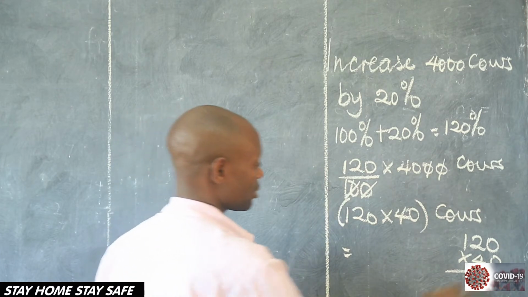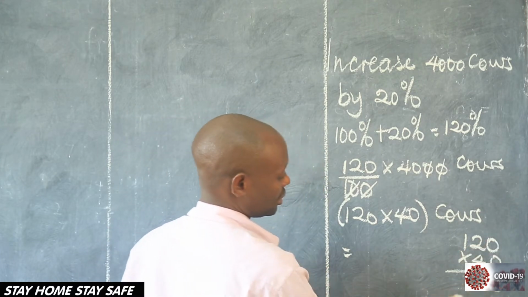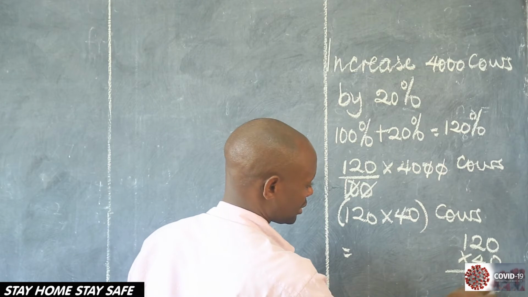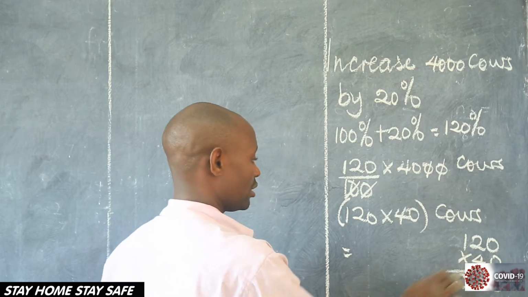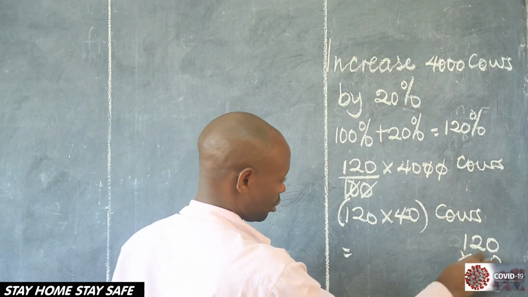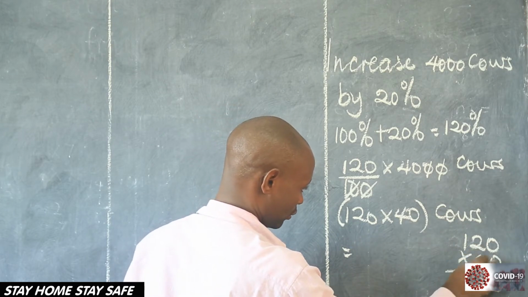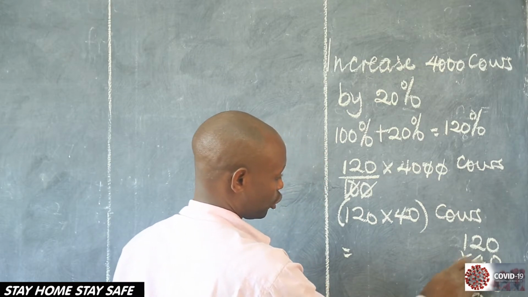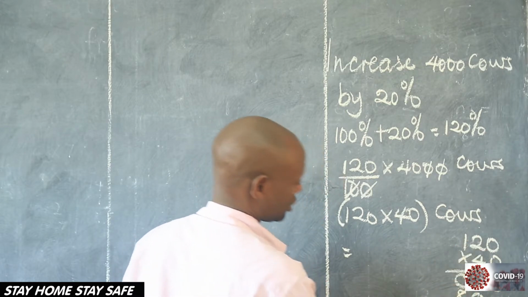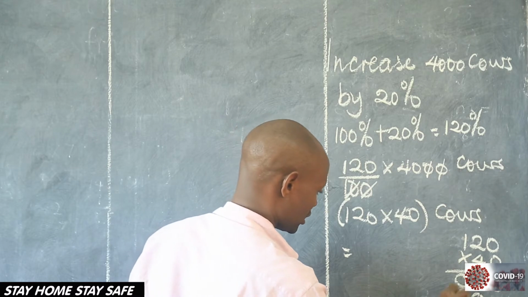We have 120 times 40. So 0 times 0, 0. 0 times 2, 0. 0 times 1, that is a 0. 4 times 0, 0, but under the place value of tens, so write here 0. 4 times 2, that is 8. 4 times 1, that is 4.